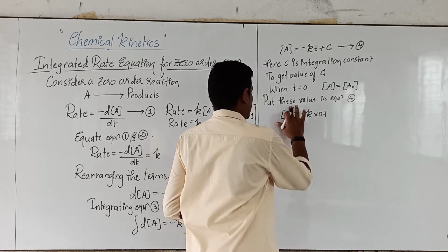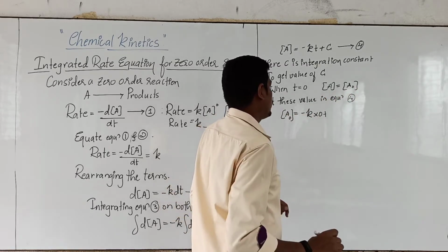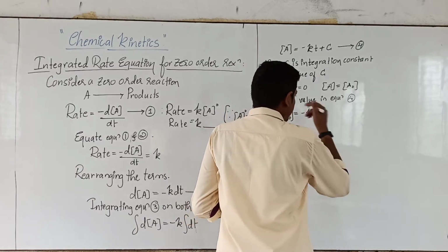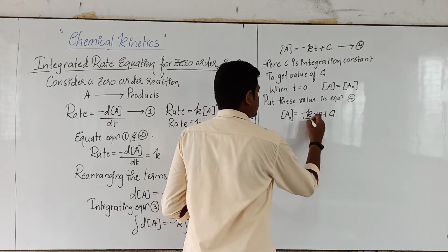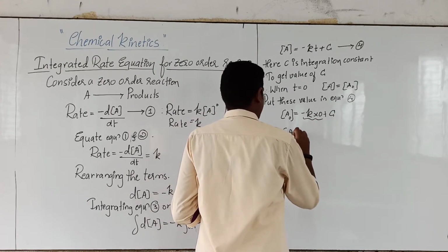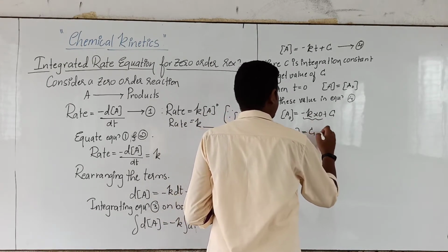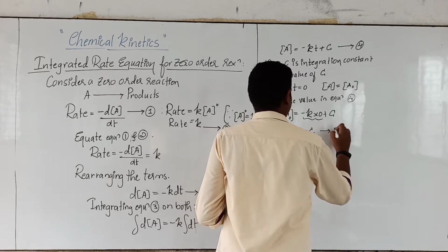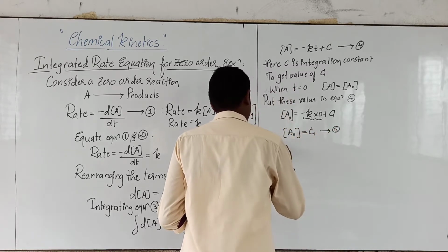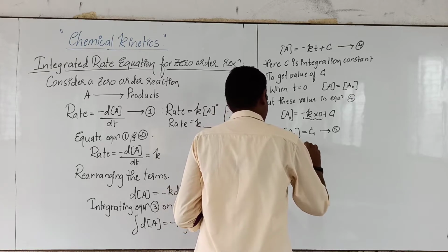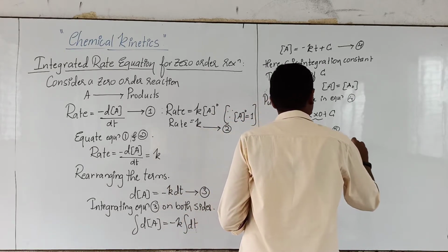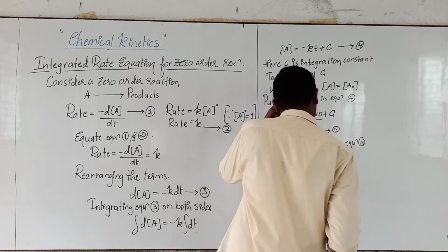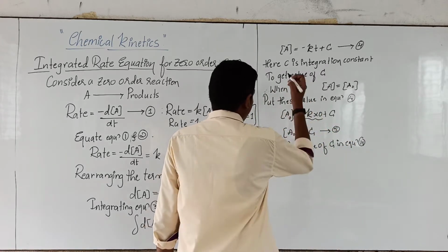So this will be A naught plus C. Now this term will become 0, so it will become A naught is equal to C. Equation 5. Put the value of C in equation 4. What will we get?